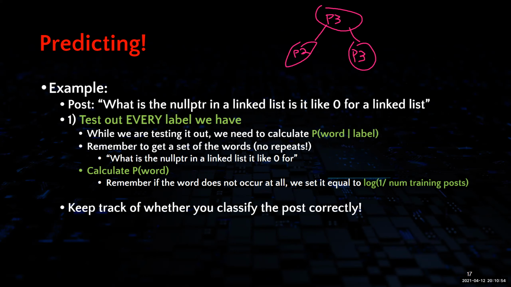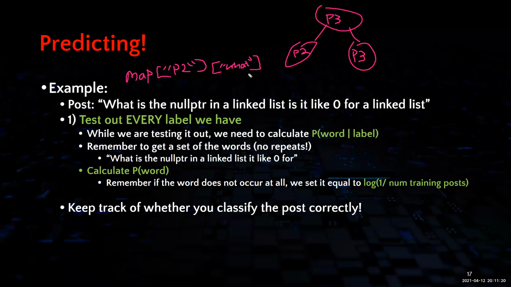What I'm doing here is calculating the probability, let's say I have some map, and I'm going to test out P2 on every word in this post. I would use that formula from the previous slide and get some number.